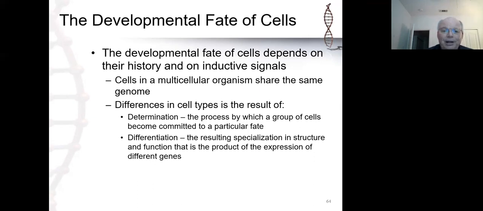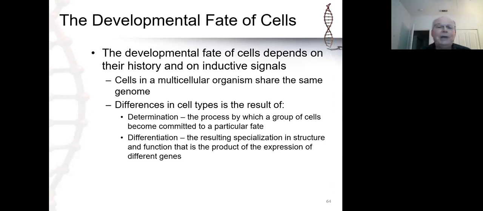And for a cell to become part of a structure and the particular types of cells within that structure is a function of differential gene expression, switching on the necessary genes to become that type of cell and making sure all the other genes that are unnecessary get switched off. And they can only do that by having information about where they lie within the body of the organism.